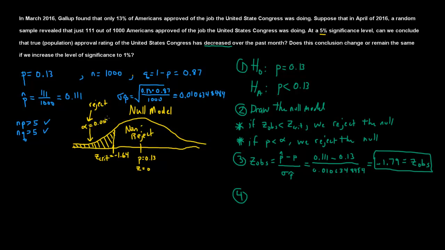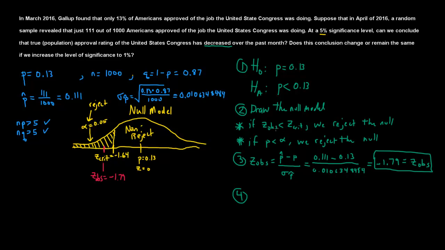Okay, so let's see here. I'll change colors. Where does negative 1.79 fall? Well, our critical value that separates the rejection region from the non-rejection region is negative 1.64. So negative 1.79 is more negative than negative 1.64. So our z observed value falls about right there. So z observed equals negative 1.79. You see that observed value falls to the left.